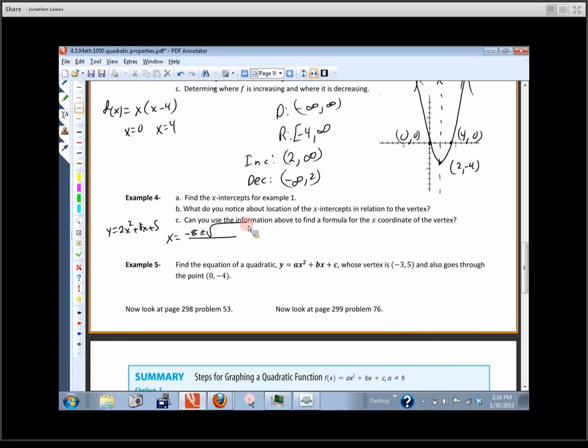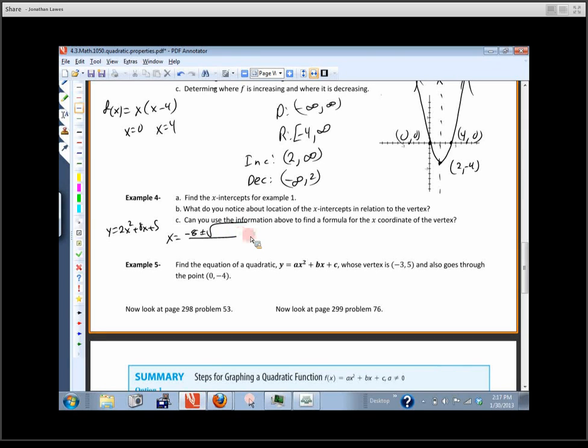So for yourself, take the radicals to the right. It might be adding or subtracting. I'm going to be subtracting. 4 times 2 is 8. Times 5 is 40. Here's what I get. 64 minus 40 is 24 over 4. And we simplify that. 24 is 2 times 2 times 2 times 3, right?